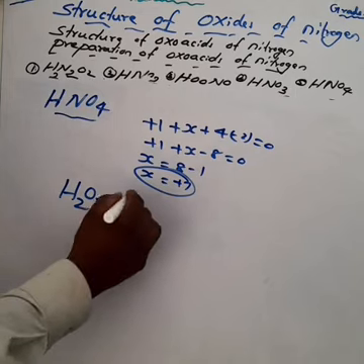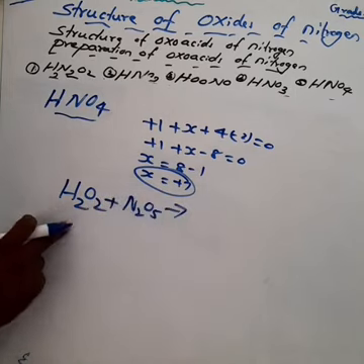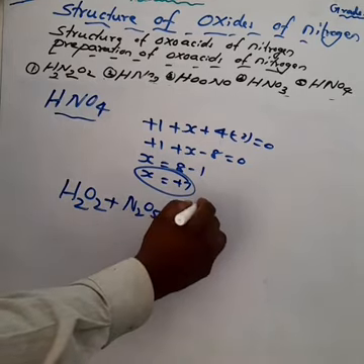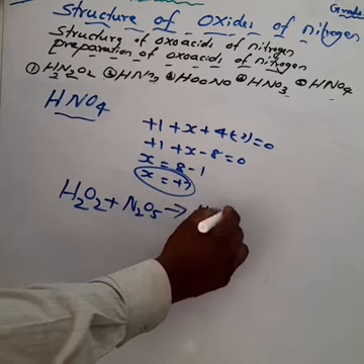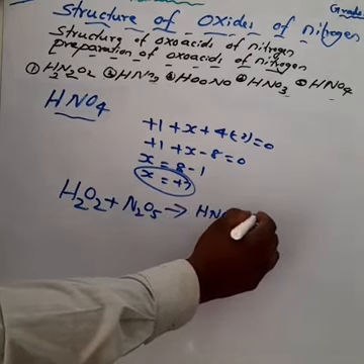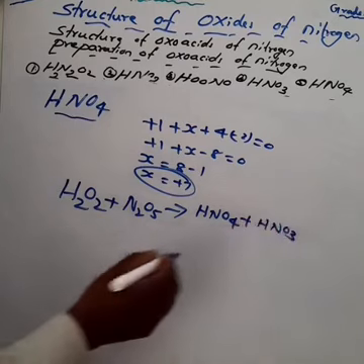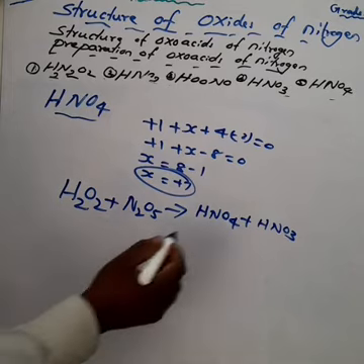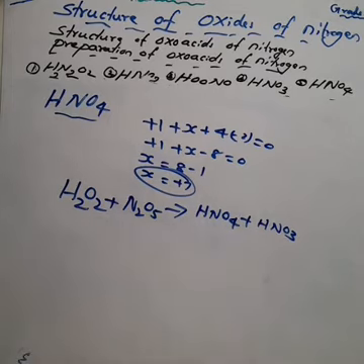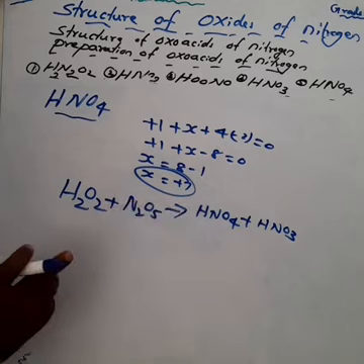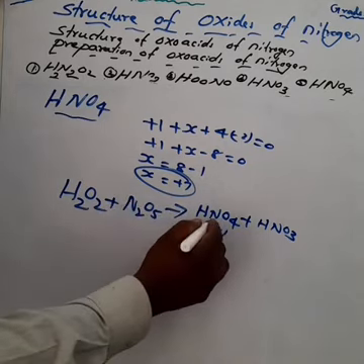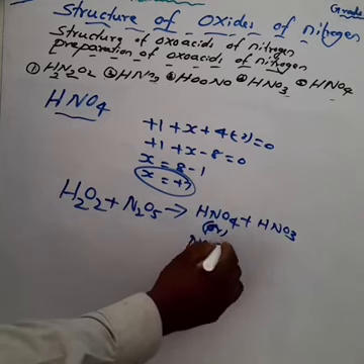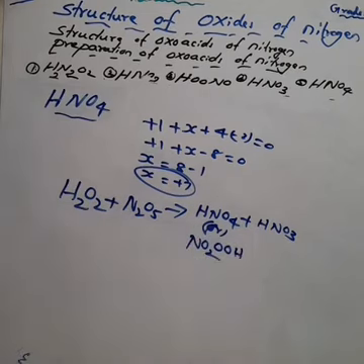H2O2 plus nitrogen pentoxide, that is N2O5, gives pernitric acid, HNO4, plus nitric acid, HNO3. So which are the possible products here? HNO3 plus HNO4. Am I right? This HNO4 is called pernitric acid. Pernitric acid, that is HNO4, can be written as NO2OOH. This is about the preparation.